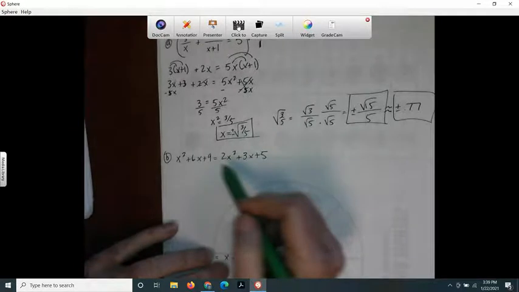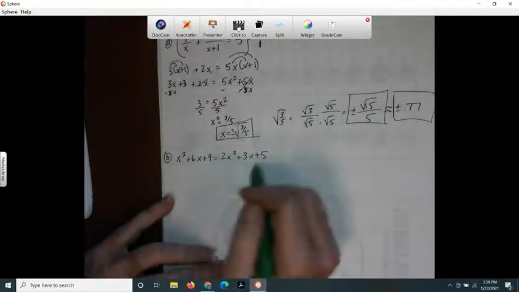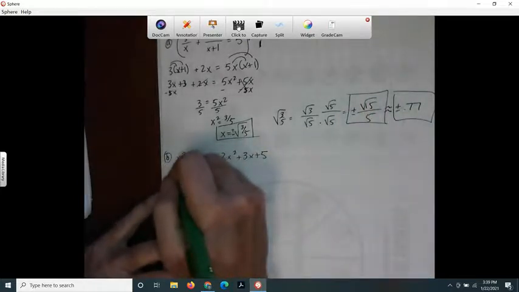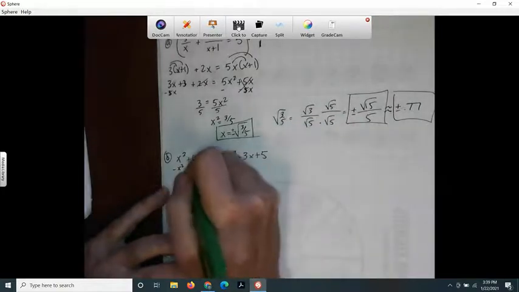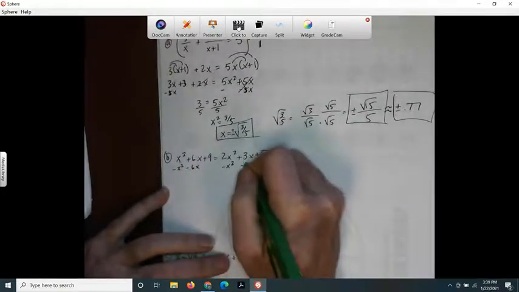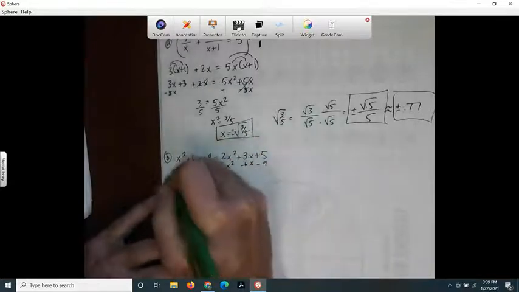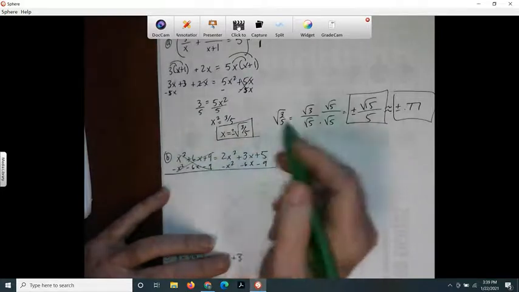So the next problem, well, I guess we're going to try to get it all in standard form and see if we can solve it like a quadratic. So basically I'm moving all these terms over to the other side.